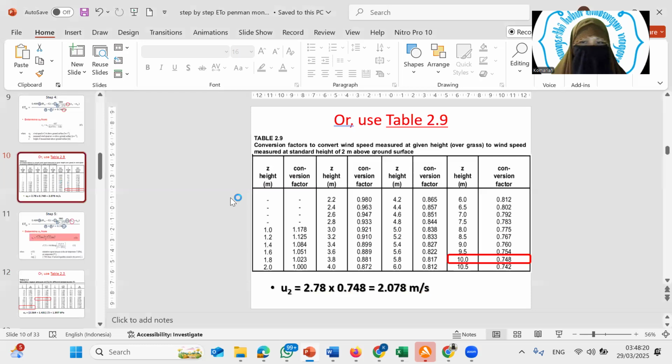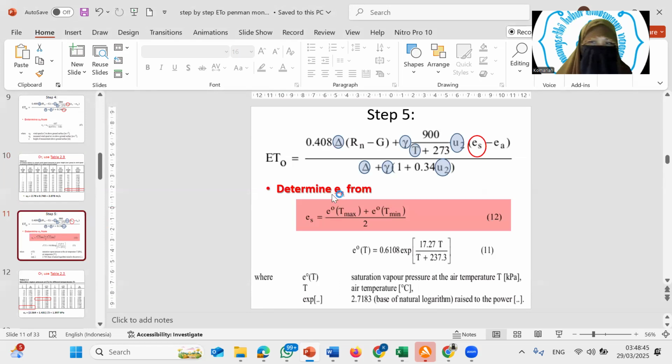The conversion factor is 0.748. This is the wind speed, 2.78, and this is the conversion factor. So we got this U2, 2.078.